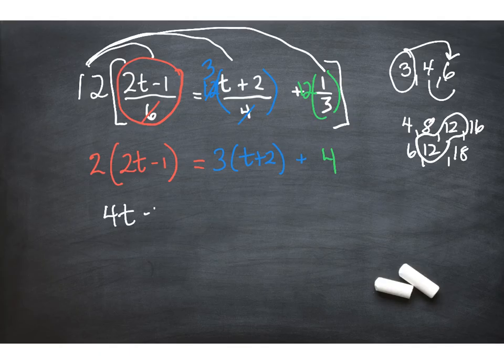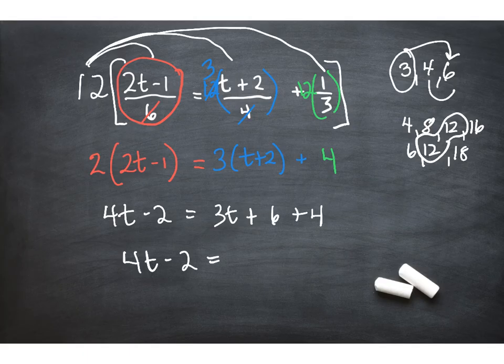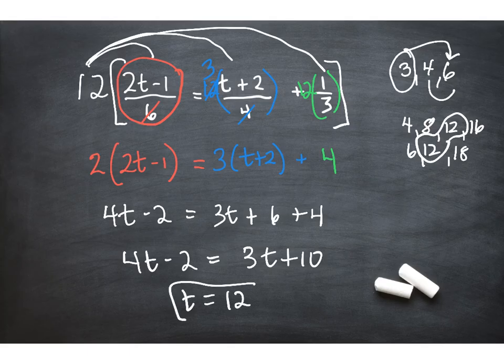We get 4t minus 2 equals 3t plus 6 plus 4. 4t minus 2 equals 3t plus 10. Subtract 3t, and we get t equals 12. Okay, so that's solving equations with fractions as the coefficients or multiplied by the variables.